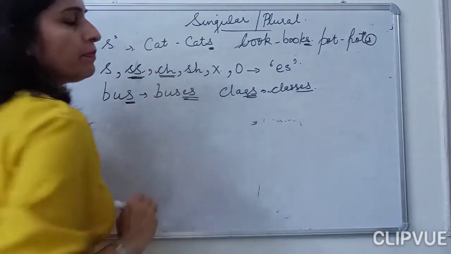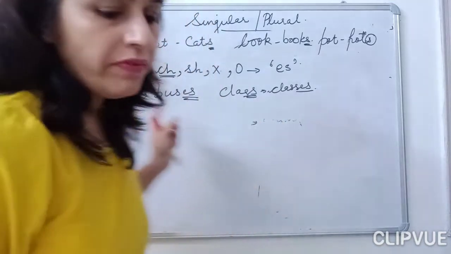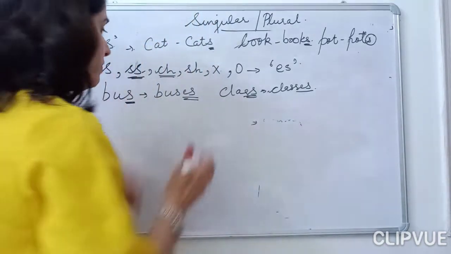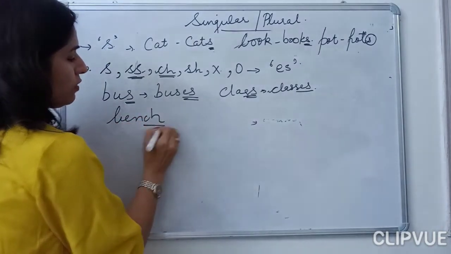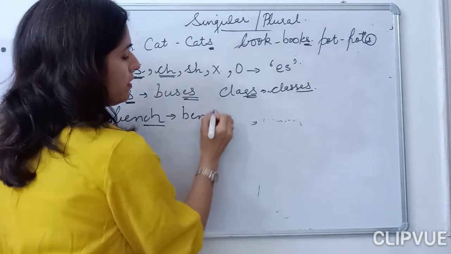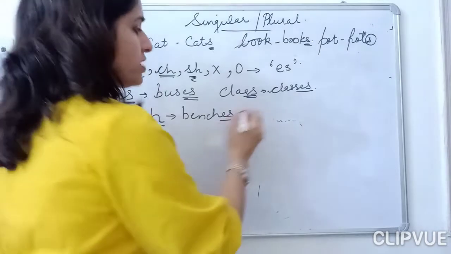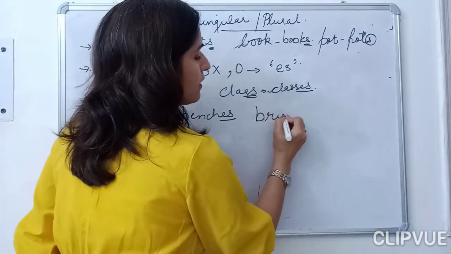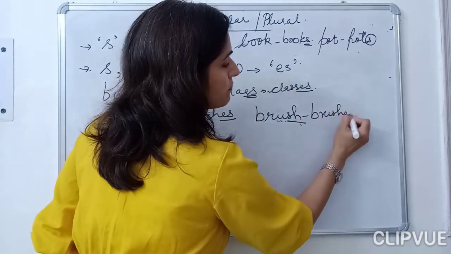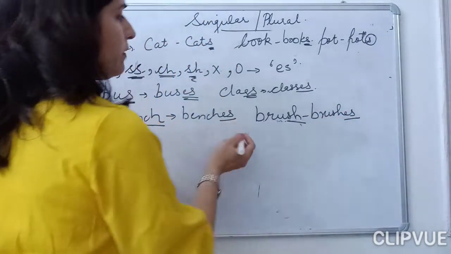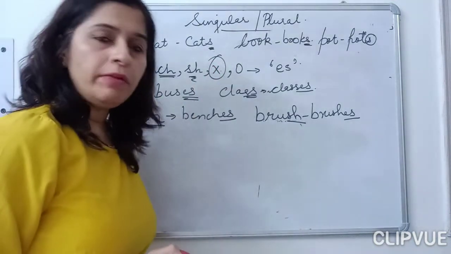Now suppose I take CH at the end of the noun, bench, so that will be benches, ES. Suppose I take SH at the end, brush, so it will be brushes.